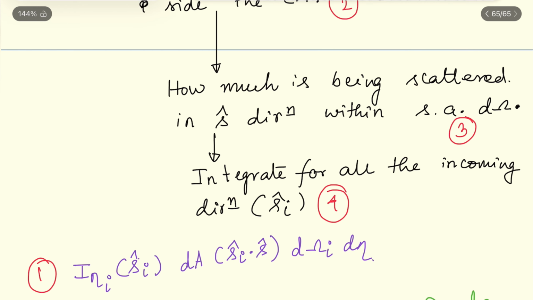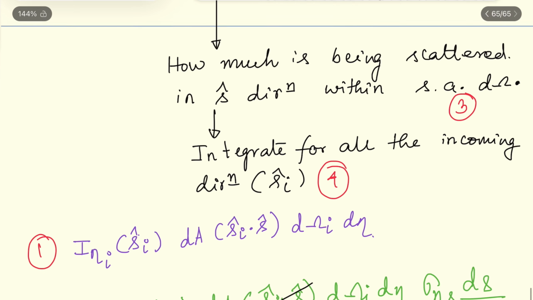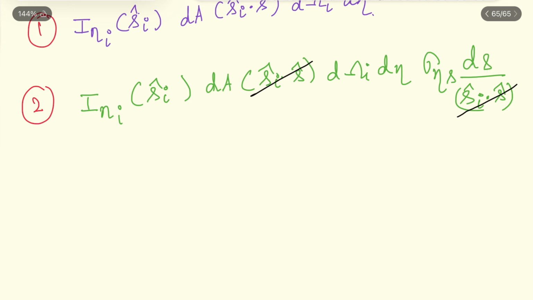Now 3 is how much is being scattered in S direction within solid angle d omega.